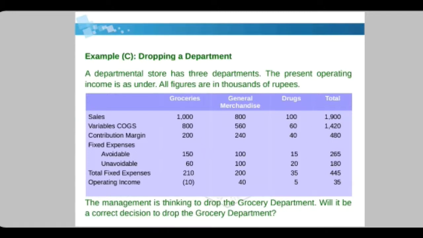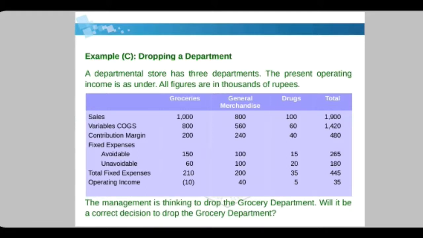Now total fixed expenses is 150 plus 60, that is avoidable plus unavoidable, equals 210. For general merchandise it is 200, and for drugs it is 35, and in total it is 445. Now operating income will be in bracket, that is given.